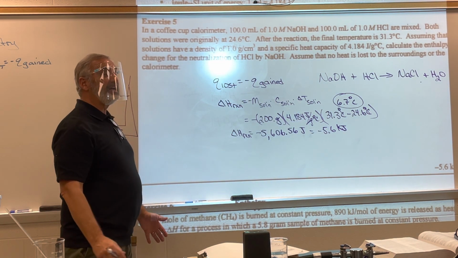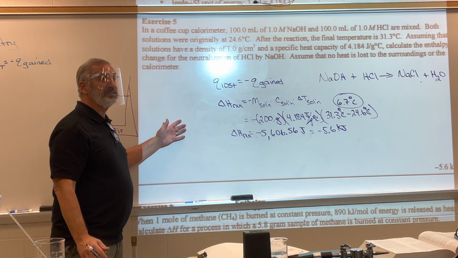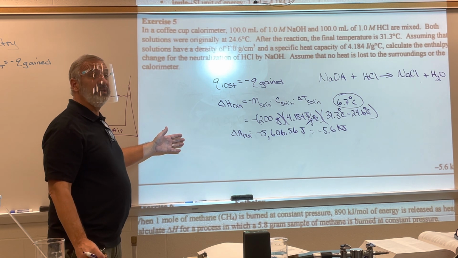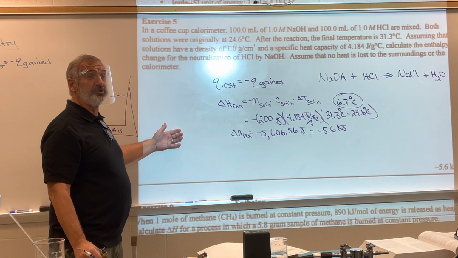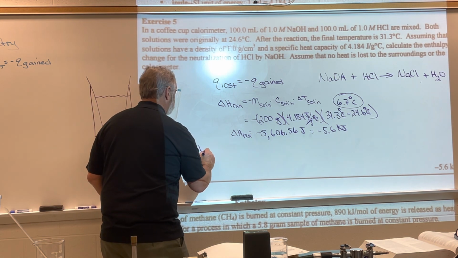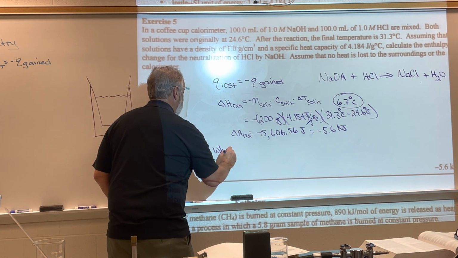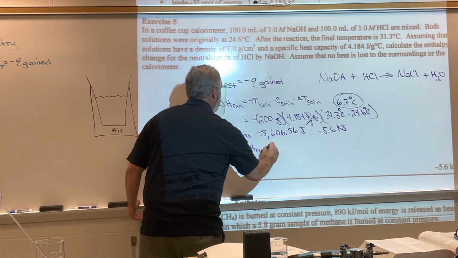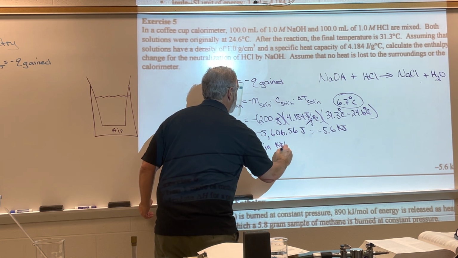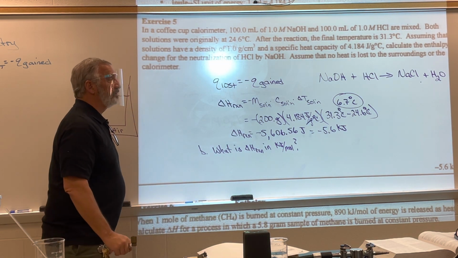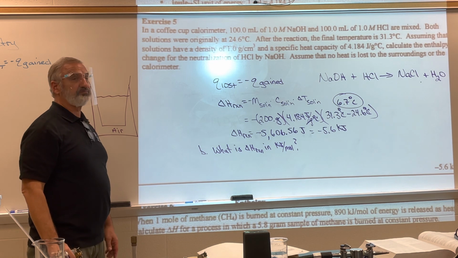Now, this particular one is not asking for this, but a lot of problems will say, okay then, part B, what is delta H of the reaction in kilojoules per mole? Well, how can we do that?